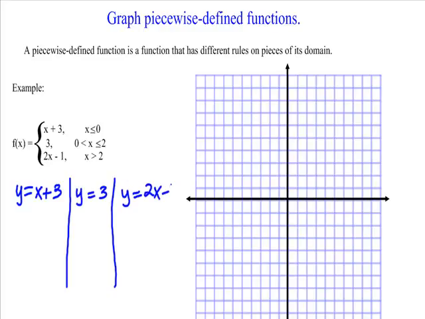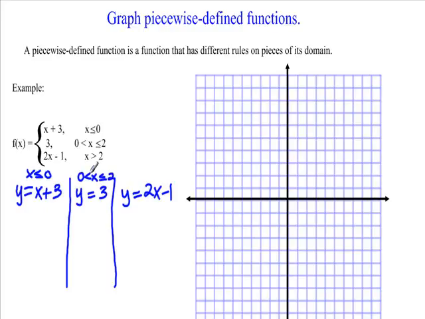And what's very important here is that we have to be very particular to stay within the stated piece of the domain that is specified here. So for the first piece we can only apply that rule for values of x that are less than or equal to 0. The second piece applies from 0 up to and including 2.